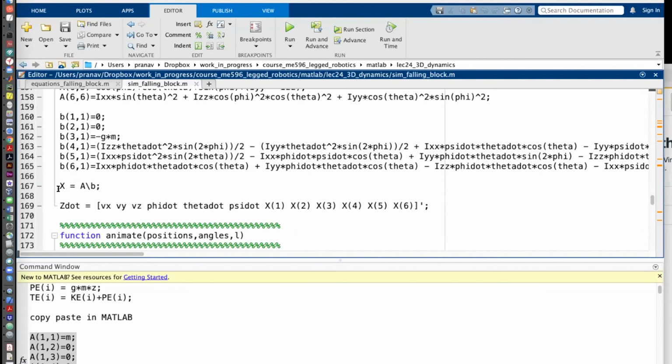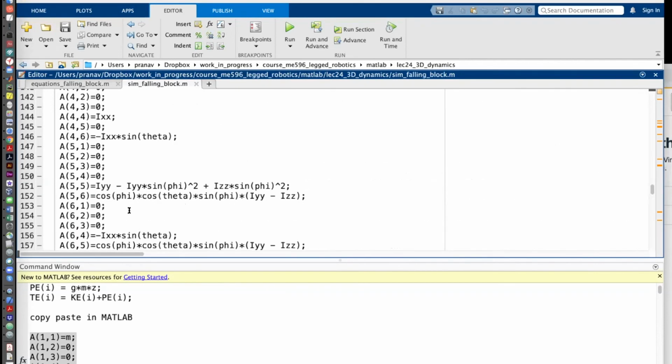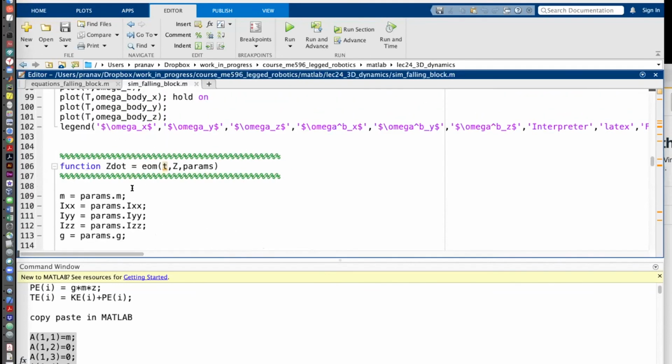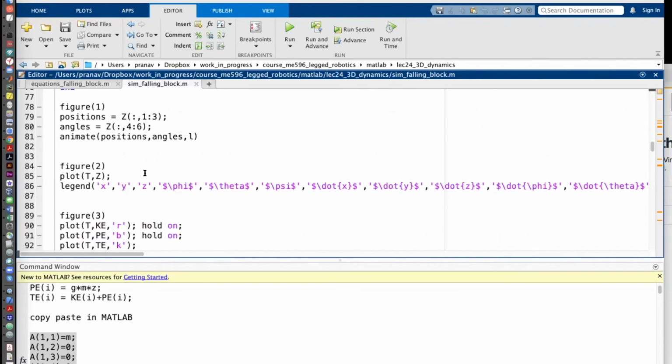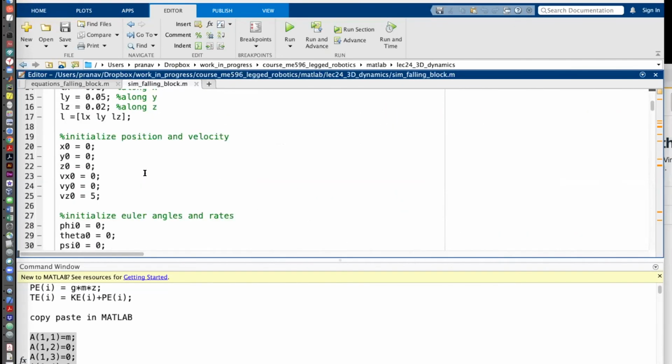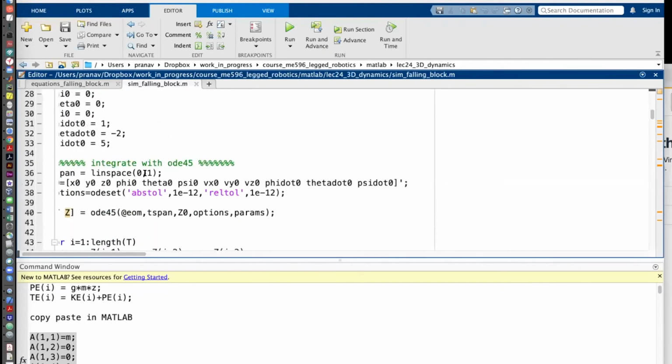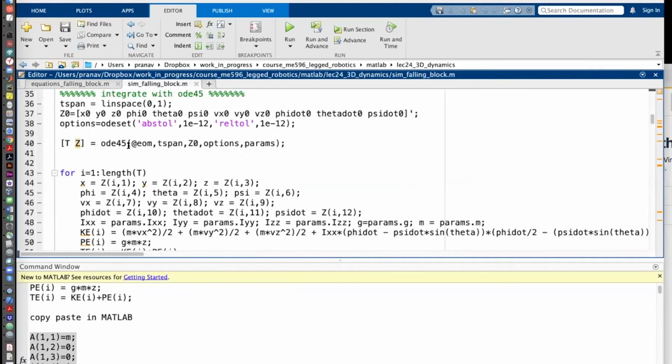And then I get the rate of change, the acceleration. So then I put it in z dot, which is the rate of change. And then I send that using my equations of motion to the ODE function, which is, I believe, here. So ODE45 EOM is the equation. So I just run this.